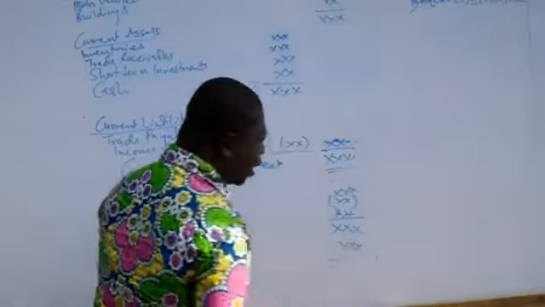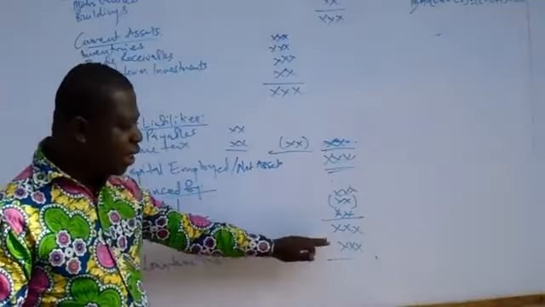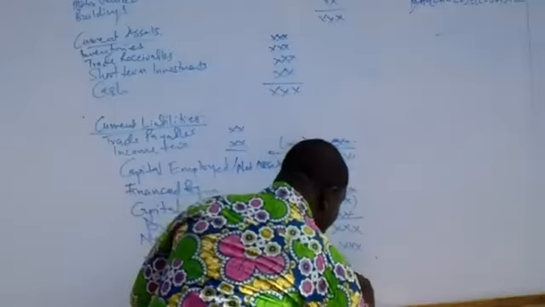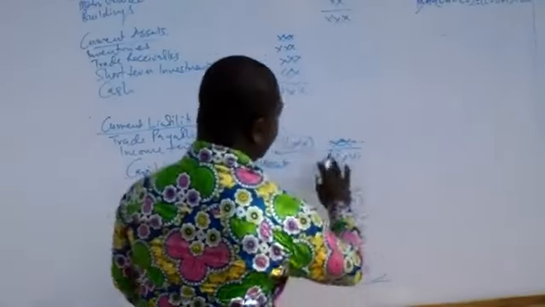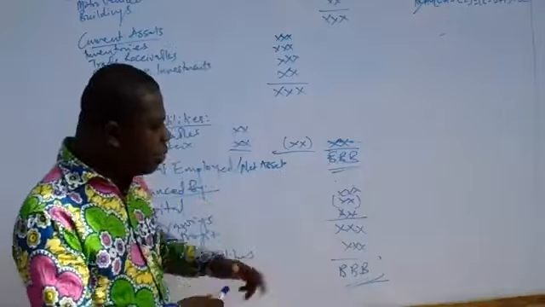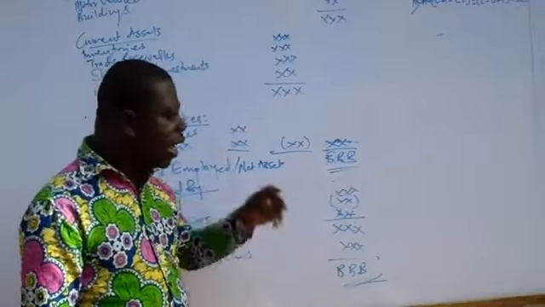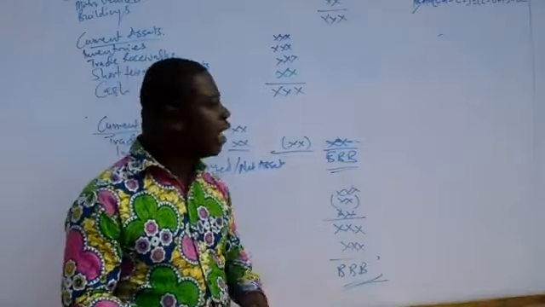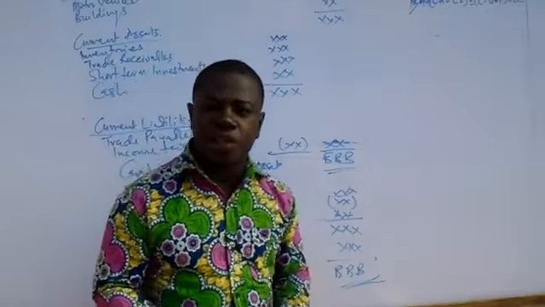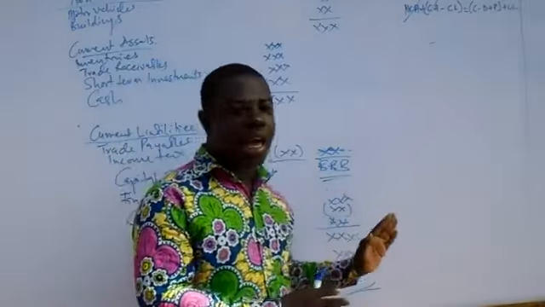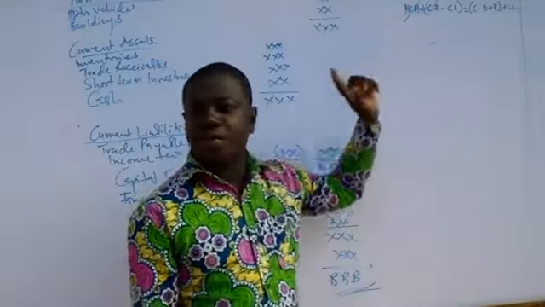So once you add up your equity and then the long-term loan, then you have the same figure that you have up there. Let's say this is BBB. So if you are having BBB here, you should get the same BBB. What I'm trying to say is that this and that must be the same. Then we say that the statement of financial position has balanced. That means that whatever you have done is right. And it should be balancing because of the accounting equation.